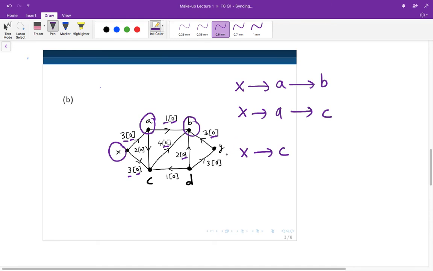Remember, if we want to use reverse arc as unsaturated arc, then the flow must be non-zero. So that is not possible over here. And hence, the unsaturated path started from X in this case will terminate at B, which means we can't reach the sink, and hence there's no incrementing path in this case.